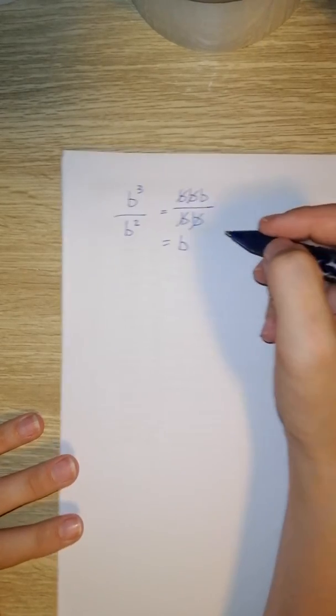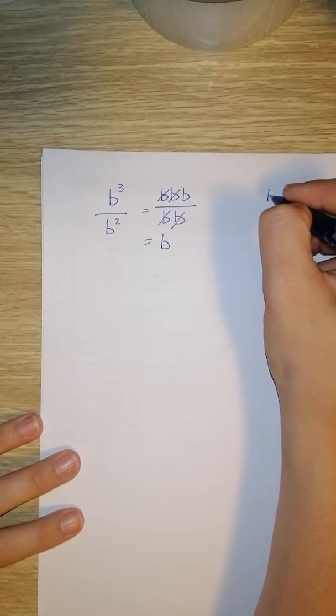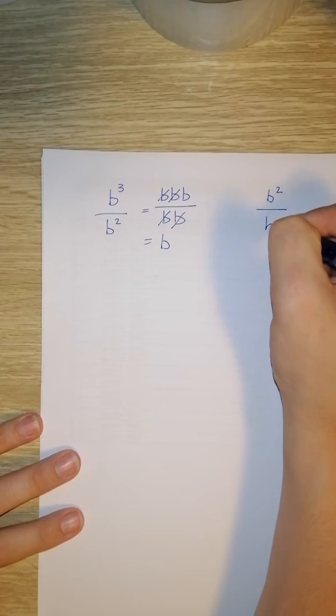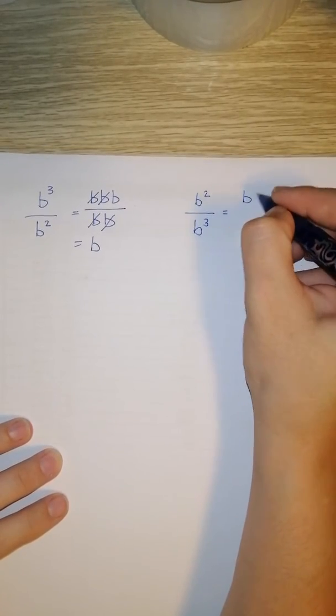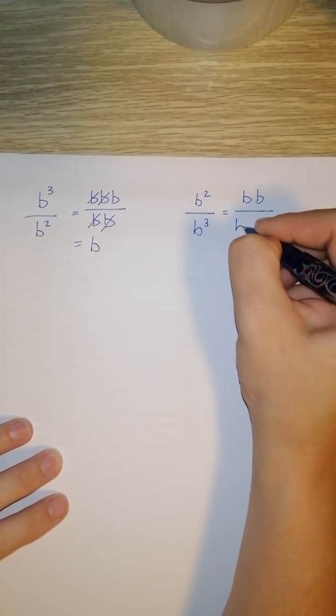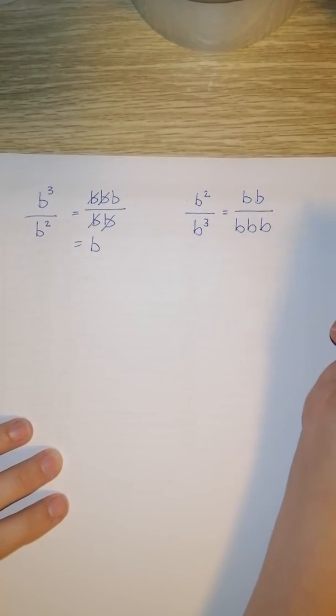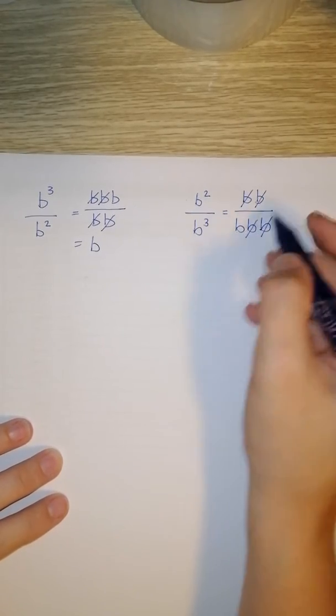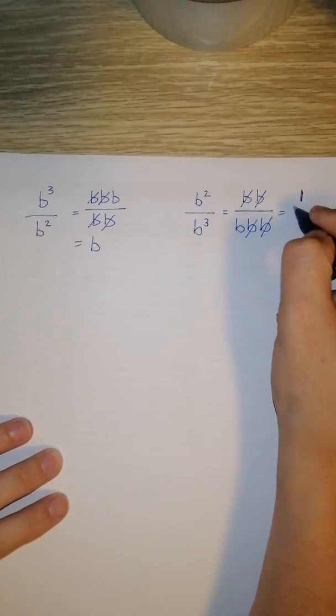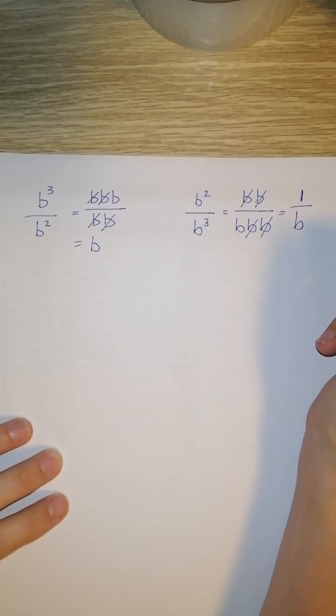If we do this the other way around, let's have b squared over b to the power of 3, in expanded form, b times b over b times b times b. Those cancel out. I've got a 1 left at the top and the b left at the bottom.